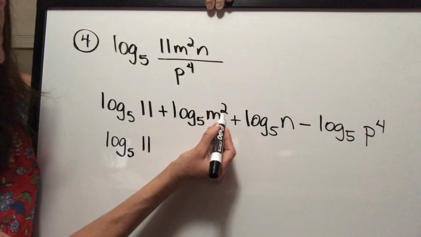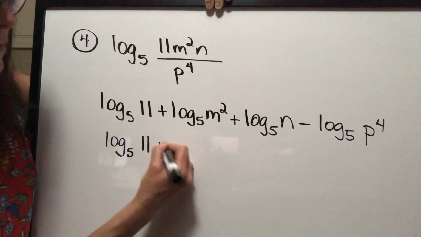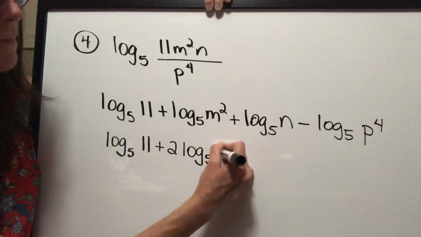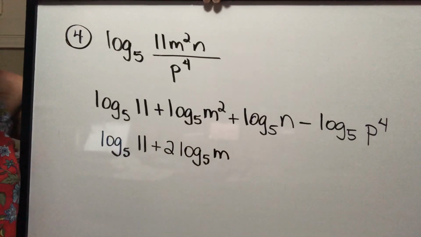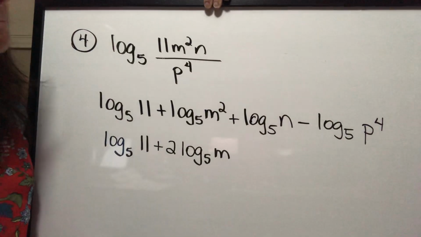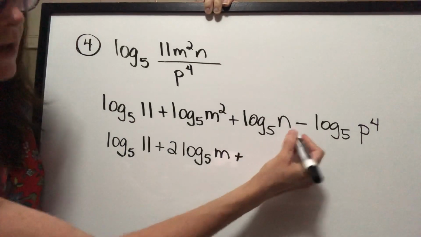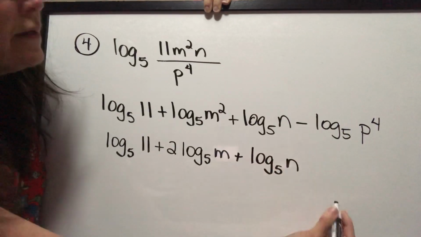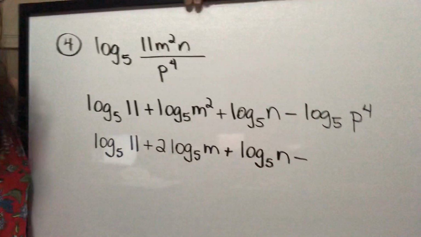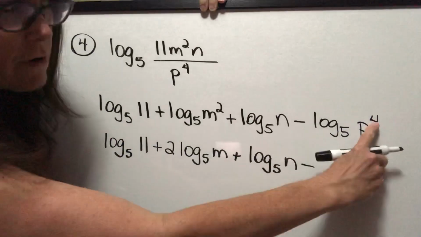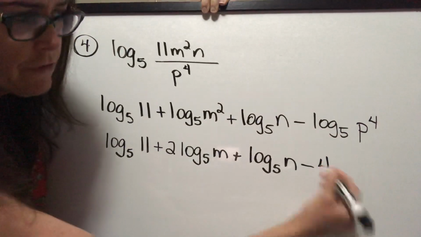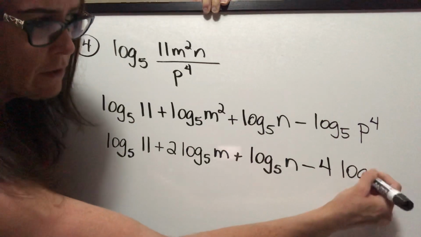So you will take the exponent 2, and after the plus sign, multiply that 2 times the log. And that would be 2 log base 5 of m. The next one doesn't have an exponent, so you can keep that one the same. It would still be log base 5 of n. Now after the subtraction sign for the last one, the 4, that exponent, will be multiplied to this log. So put the 4 after the subtraction sign, and then log base 5 of p.